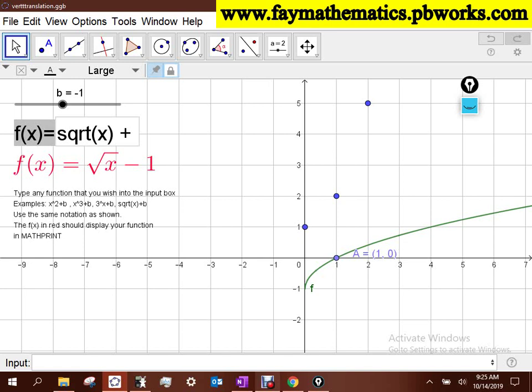You're taking your f of x and removing 1 from it, so f of x would have had the point (0, 0) on it. Subtract 1 from the y, and it gives me that point right there. Square root of x would have had (1, 1) on it. Subtract 1 from the y, and it gives you that point right there. Square root of x had (4, 2) on it, so it had that point right there. Subtract 1 from it, it gives you that y. Does that make sense?